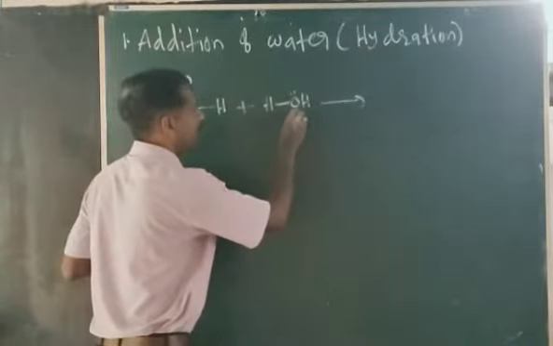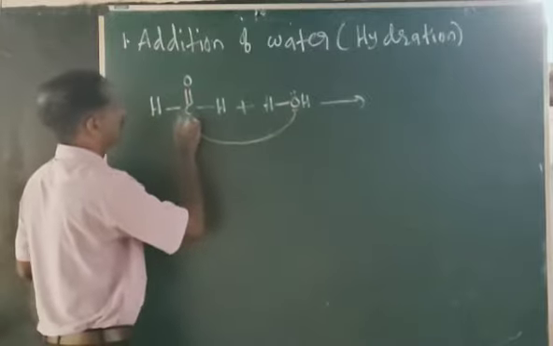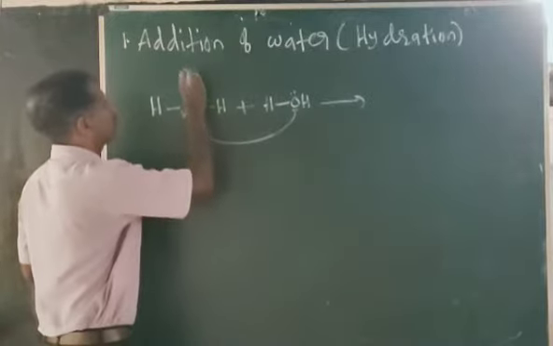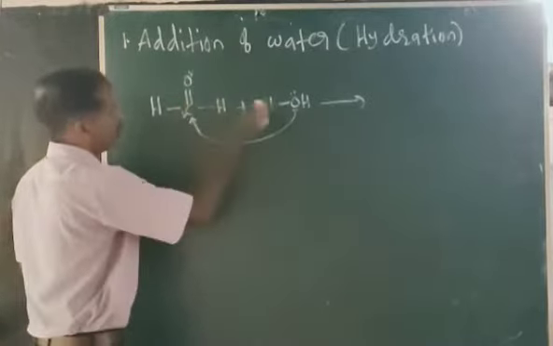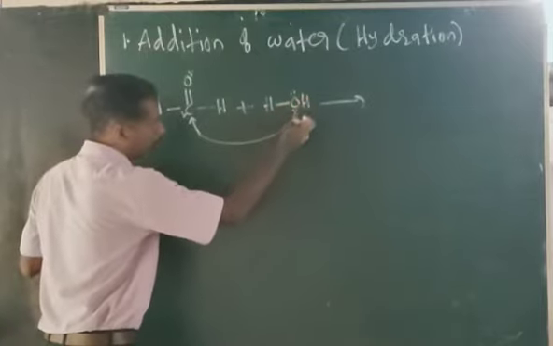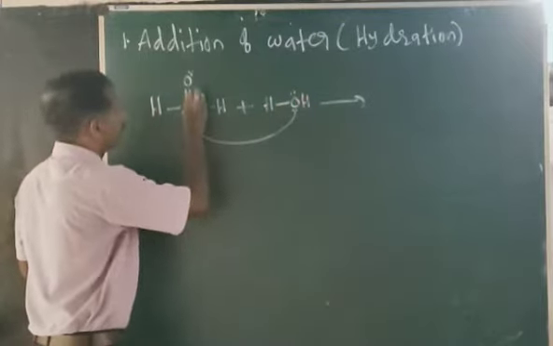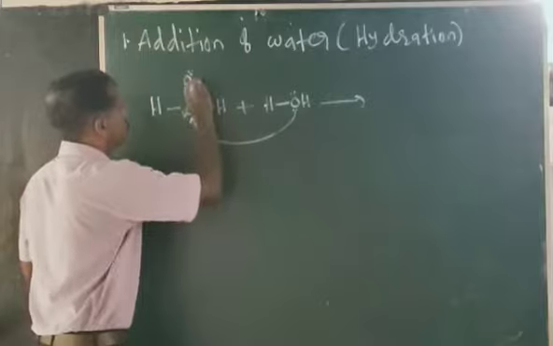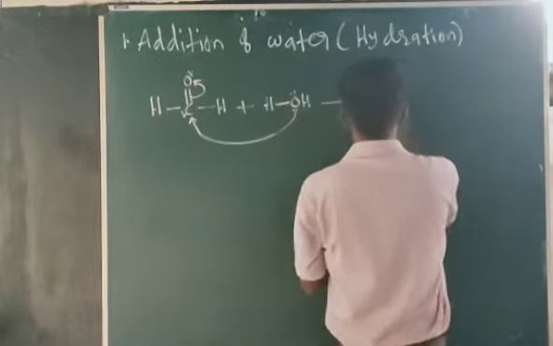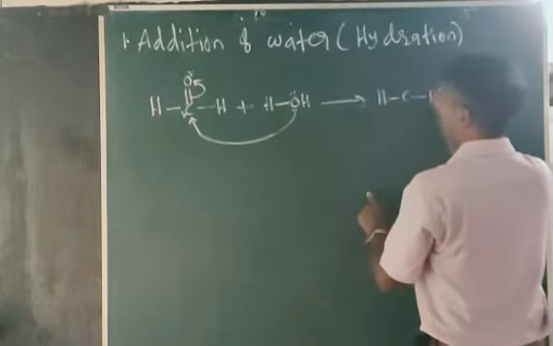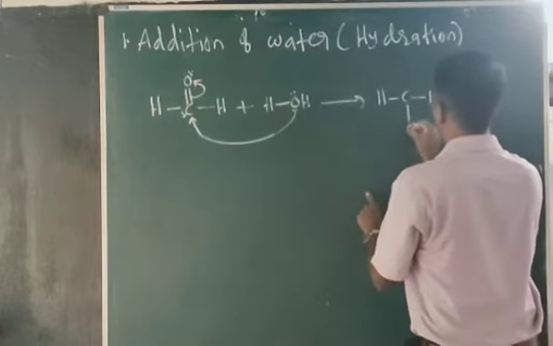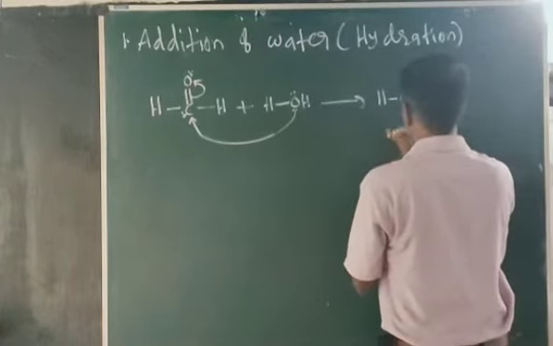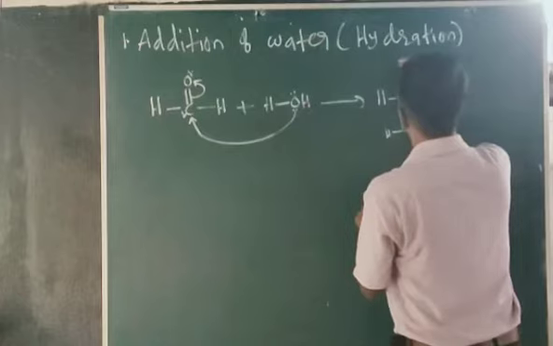You can see that one lone pair will attack on this positively charged carbon. This is slightly positive and this is slightly negative. So when the oxygen lone pair is attacking on this carbon, one of the double bonds will be shifted to oxygen. So what we get? We get a structure like this: H, here it will become OH, and H, and here it is O minus.